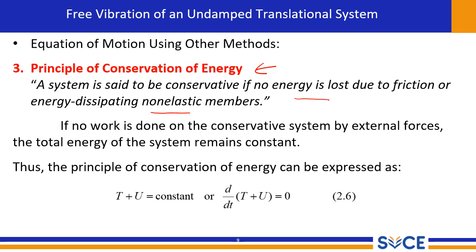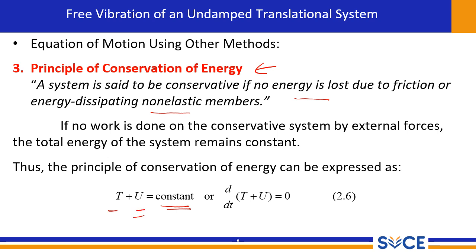A conservative system is one where energy is not lost due to friction, heat, or any other dissipative forces. In such systems, the total energy remains constant. This means that if we don't add or remove energy from the system through external work, the total energy, which is typically kinetic and potential energy, stays the same.